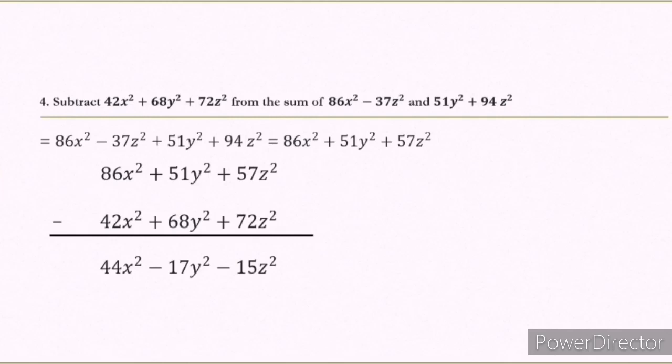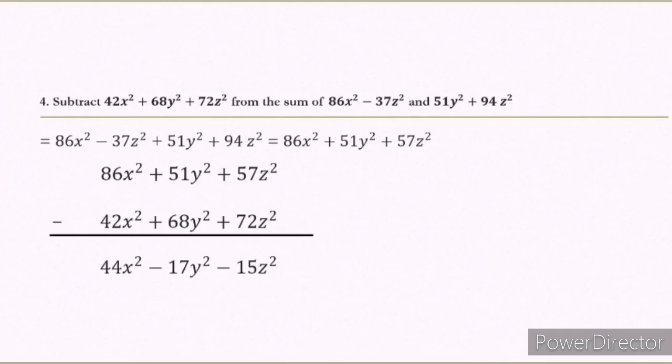We copy the 86x squared plus 51y squared, then we subtract 37z squared minus 94z squared is equal to 57z squared. Then the answer is 86x squared plus 51y squared plus 57z squared.